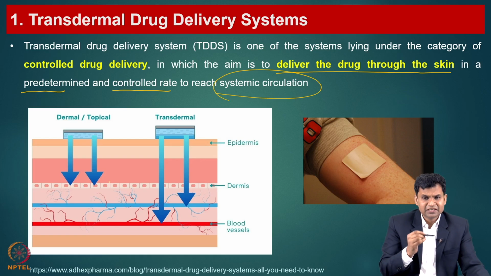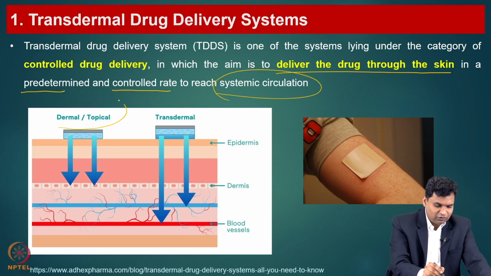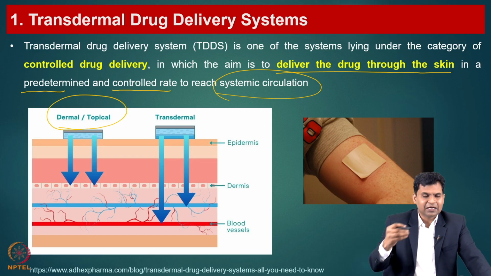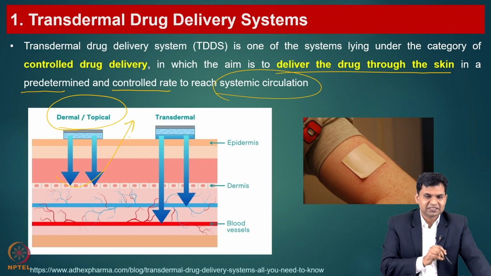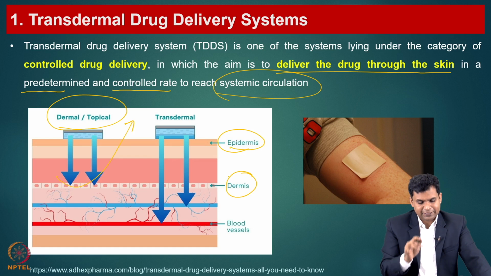Now here you can see the comparison of the conventional and the transdermal patches. These are the applications which we do: creams, ointments, gels and other types of formulations. They cannot enter into the systemic blood circulation because of the barriers present in the skin.